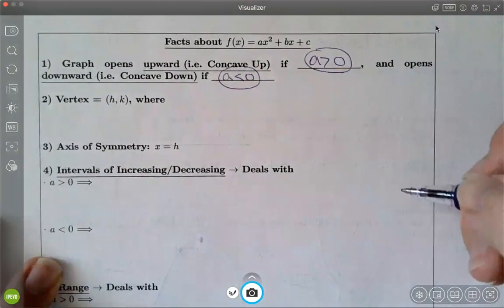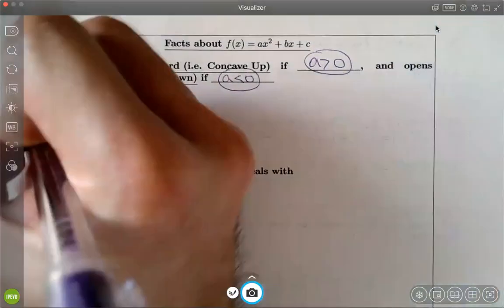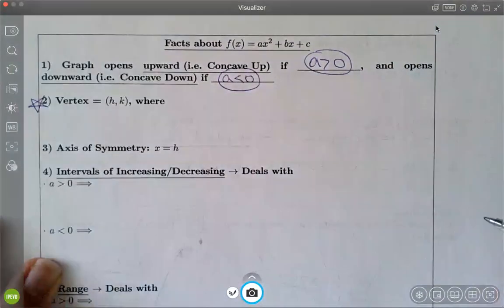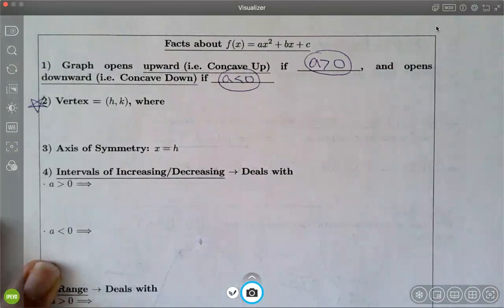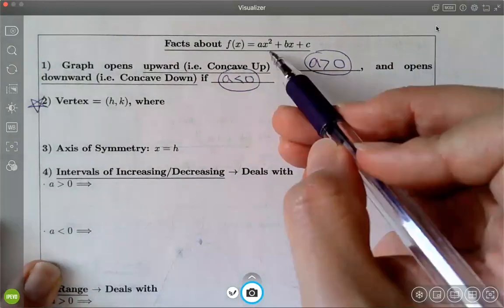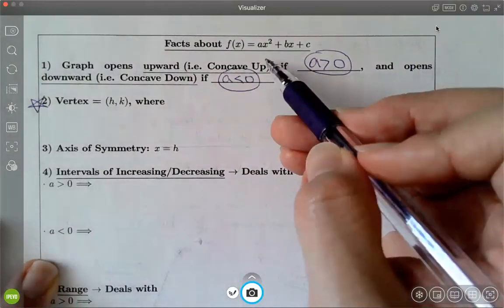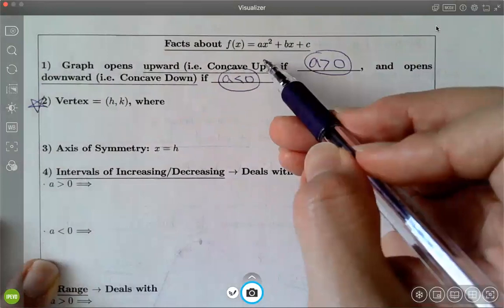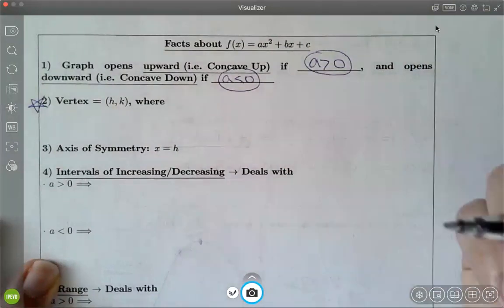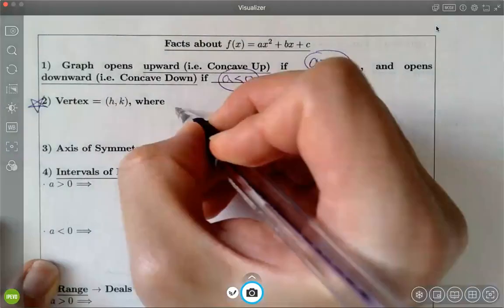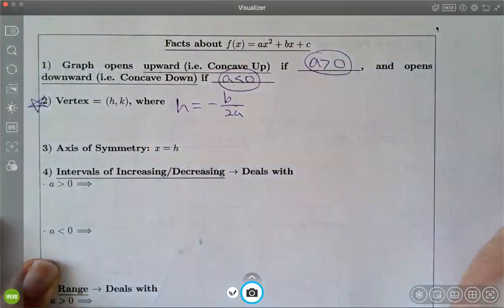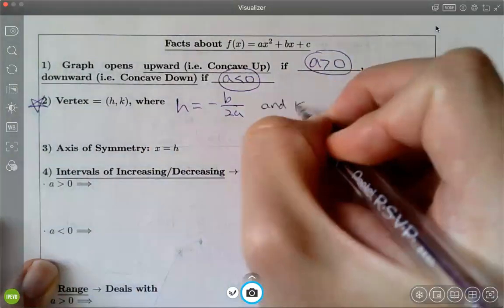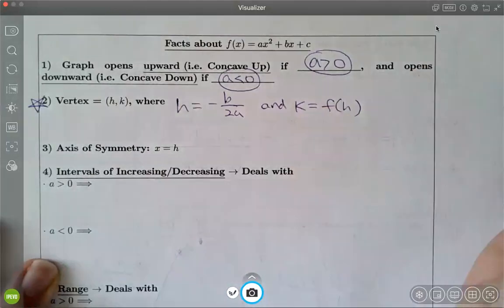Now, here comes the first important point. The vertex. We saw that it's equal to h, k. But what's the problem here? We have ax squared plus bx plus c, so there's no h and k, right? What does that mean? We have to find h and k. So what's the formula? H is equal to negative b over 2a, and k is equal to f of h.